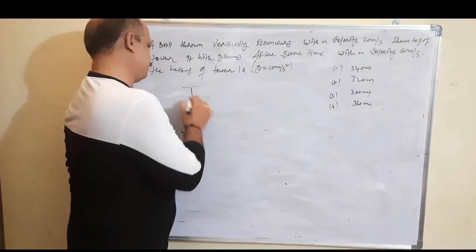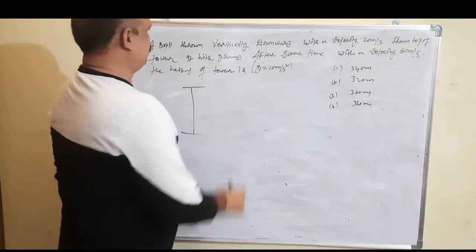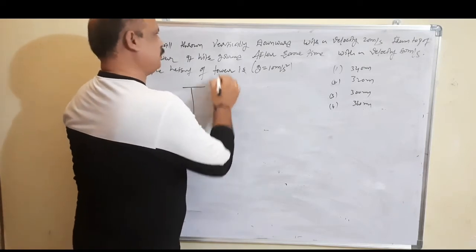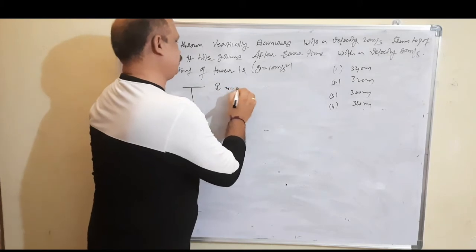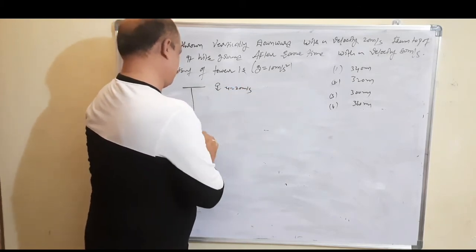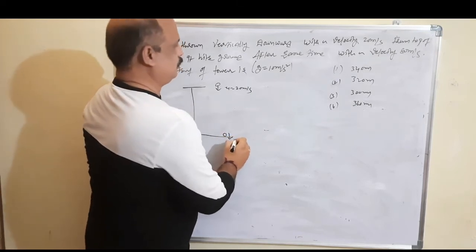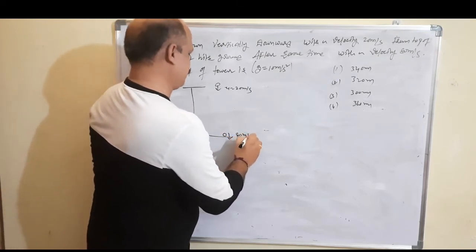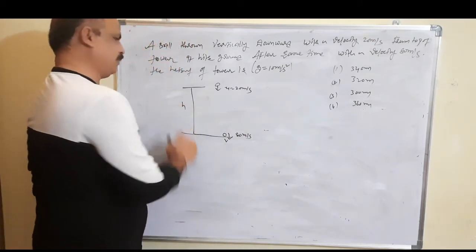So this is a tower. From the top of the tower, a ball is thrown vertically downward with 20 meter per second. After some time, it hits the ground with 80 meter per second. This is the height of the tower.